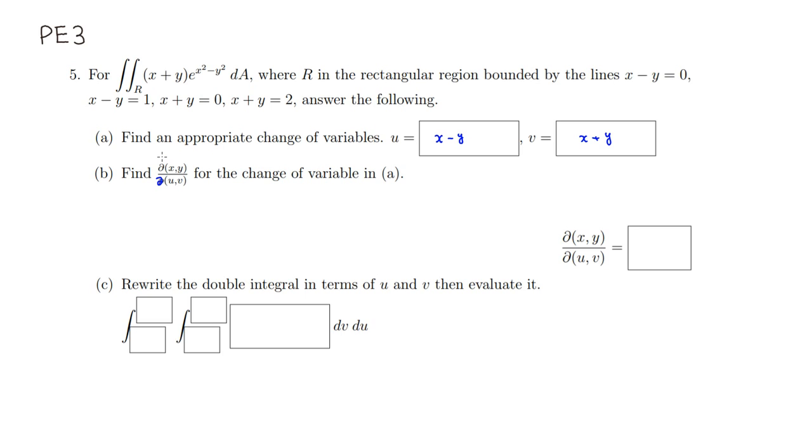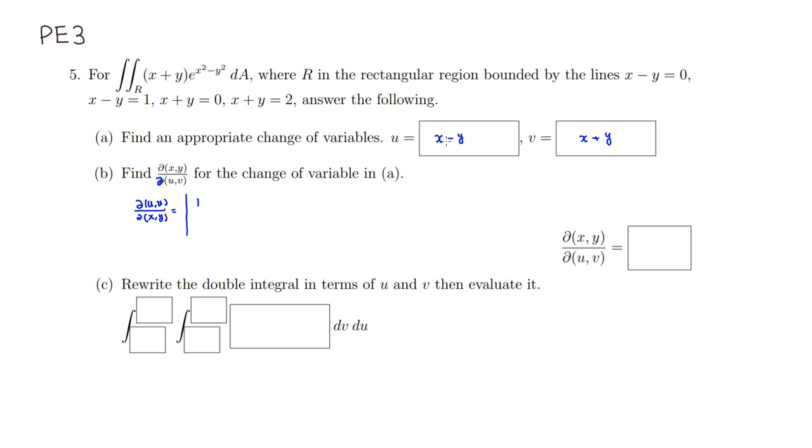So instead of finding that, we're going to find the partial of (u, v) with respect to (x, y) first, because this is actually easier to find, because the equation is written in the u equals and v equals form. So we take the partial derivative of u with respect to x, that will be 1.